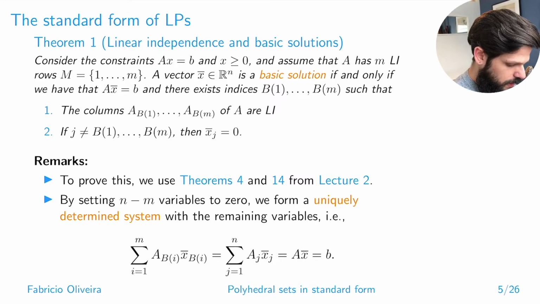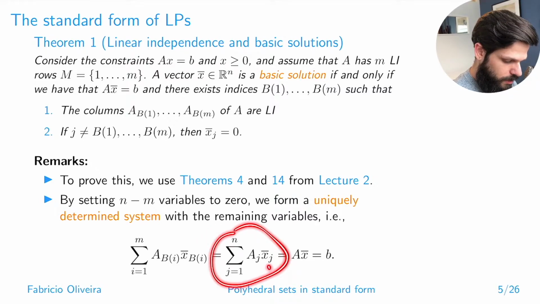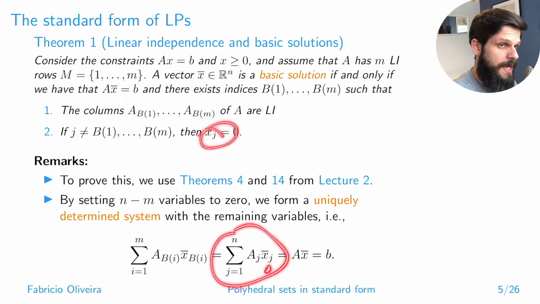So if I look at the system formed by only those variables that have not been zeroed and their respective columns, because the remaining variables have been zeroed, I can make this look like so. So I'm including here all the variables, including those for which I set x to 0.